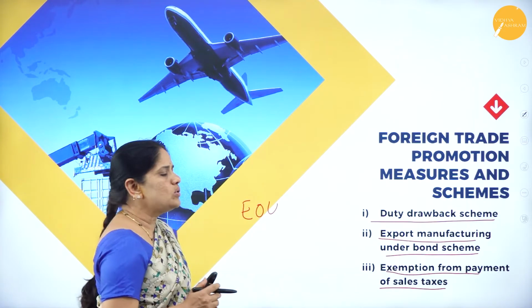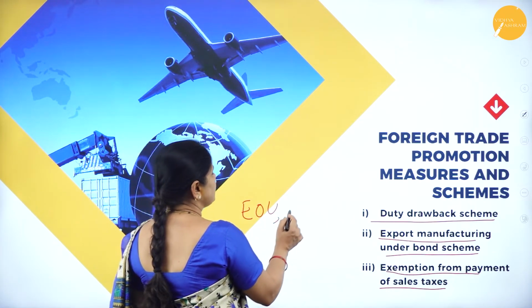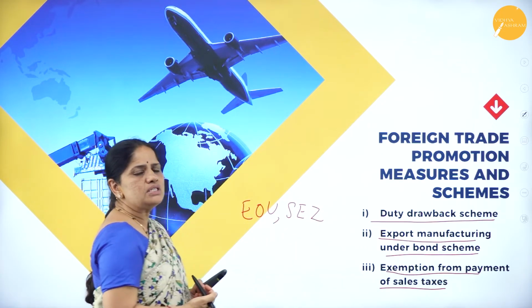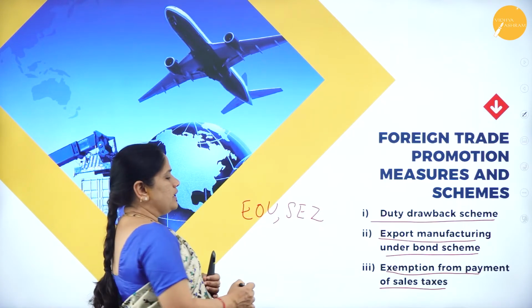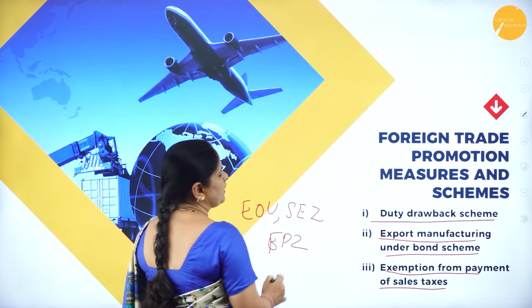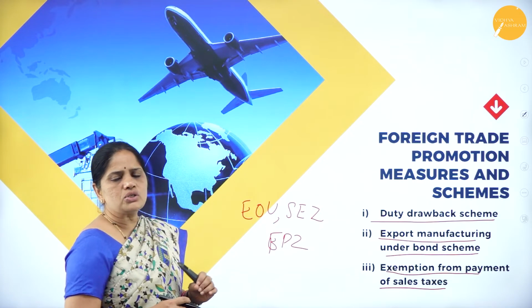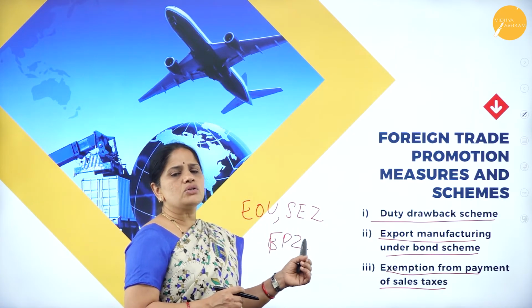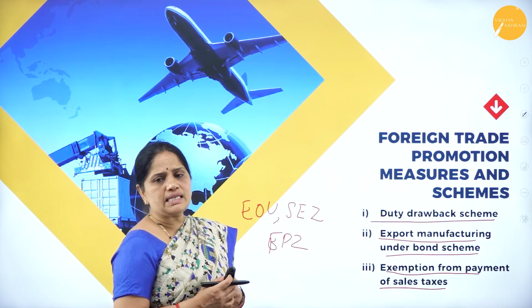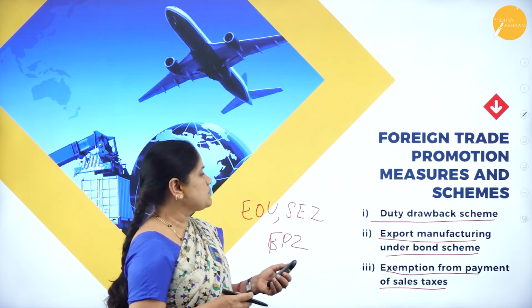Also goods which are manufactured under the SEZ, that is the special economic zones, and also the EPZ, the export promoting zones, are fully exempt from sales tax. No sales tax is to be paid by the exporter.